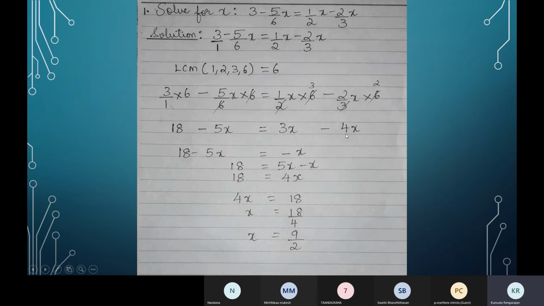This is minus 4. Plus 3 minus 4 is minus 1. And fix that x, minus 1x. Only 1x. So minus 1x. 3 minus 4 is minus 1. X as it is, minus 1x. 3x minus 4x is equal to minus 1x, which can also be written as minus x.